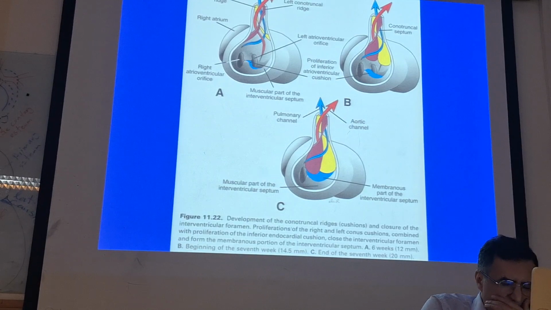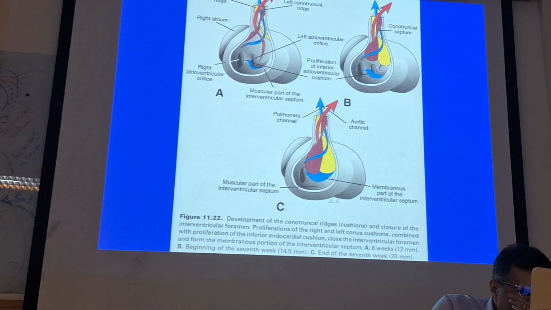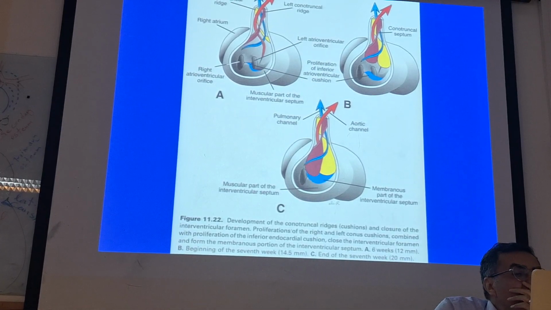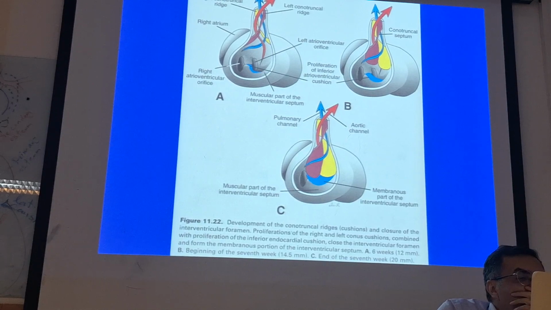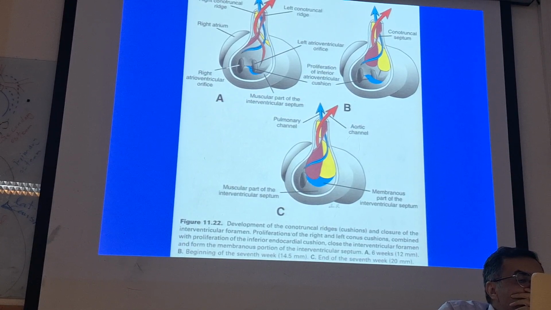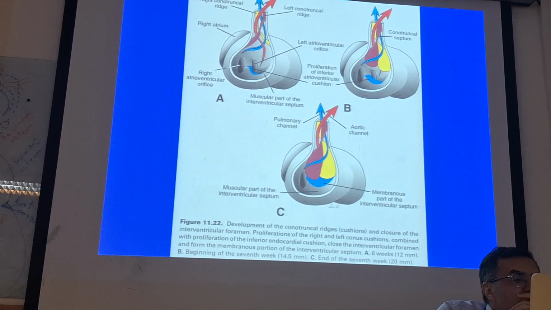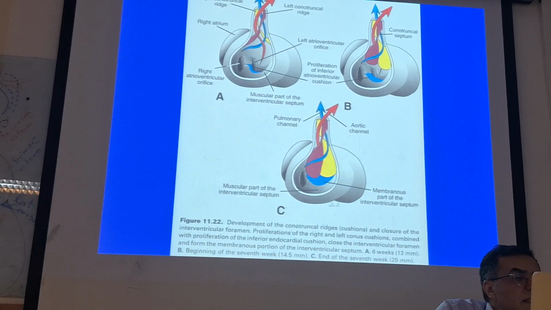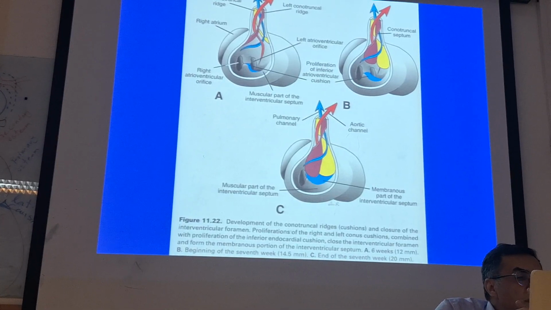This interesting picture shows the formation of the truncoconal septum. You can see it by the red and yellow colors. The picture shows that during the formation they turn around each other.